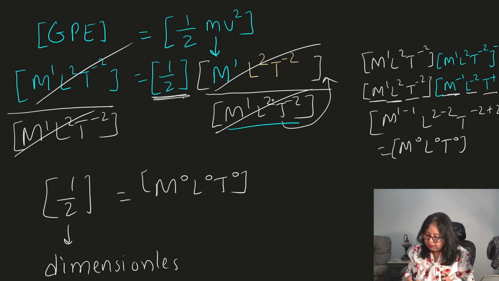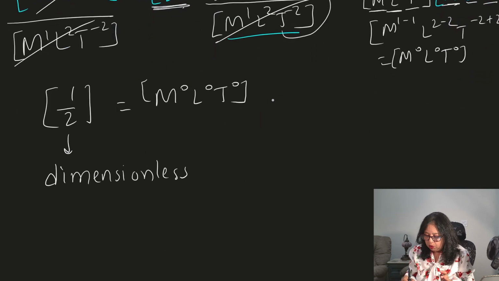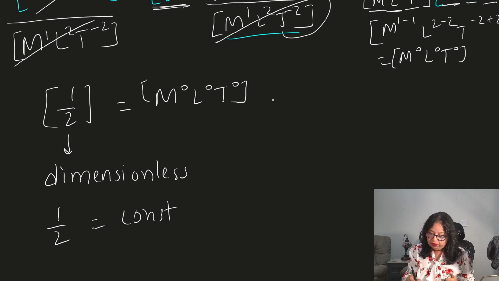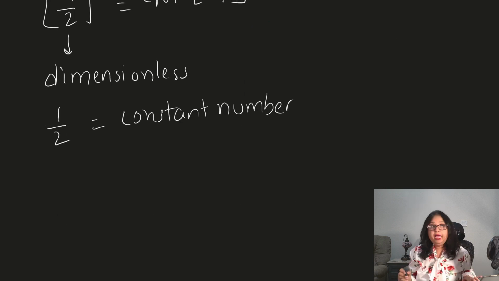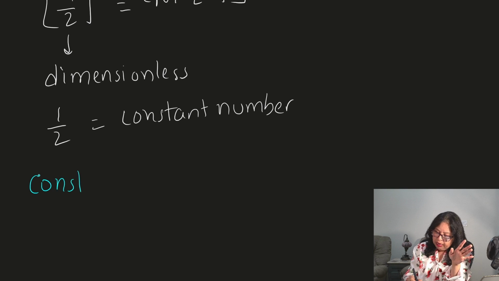dimensionless. We call such quantities dimensionless quantities. So this was just for 1/2. What is 1/2? 1/2 is a constant number. So any constant, no matter what it is, million, 10,000, minus 50, whatever it is, any constant number, it's just a number.